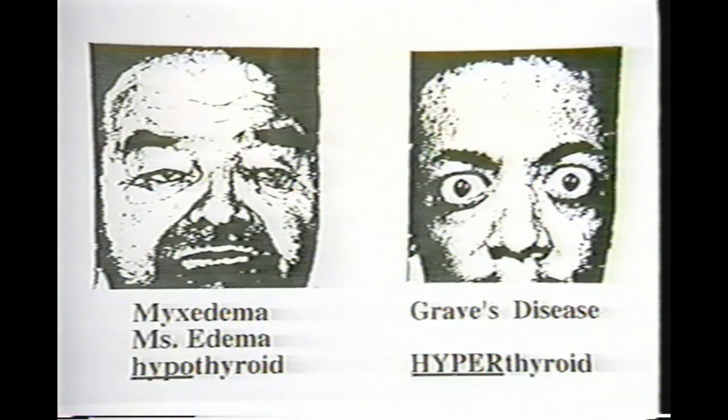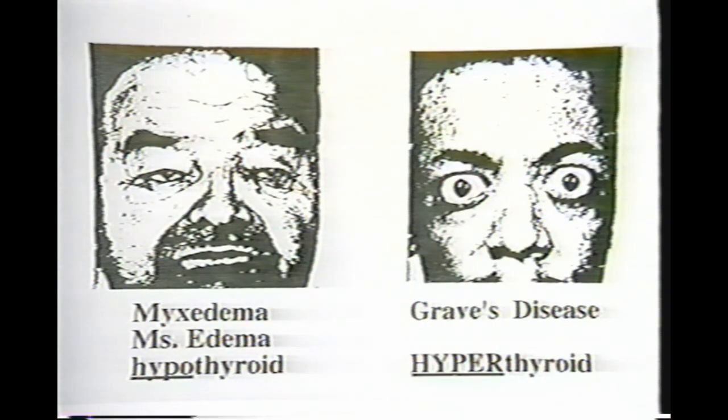I want you to look at another picture now, and I want to compare the eyes. On the left, this is this poor Ms. Edema. She has myxedema or hypothyroidism. Notice here that her eyes, you almost want to put toothpicks to open up her eyes. And she also, you can see, has quite a fat face.